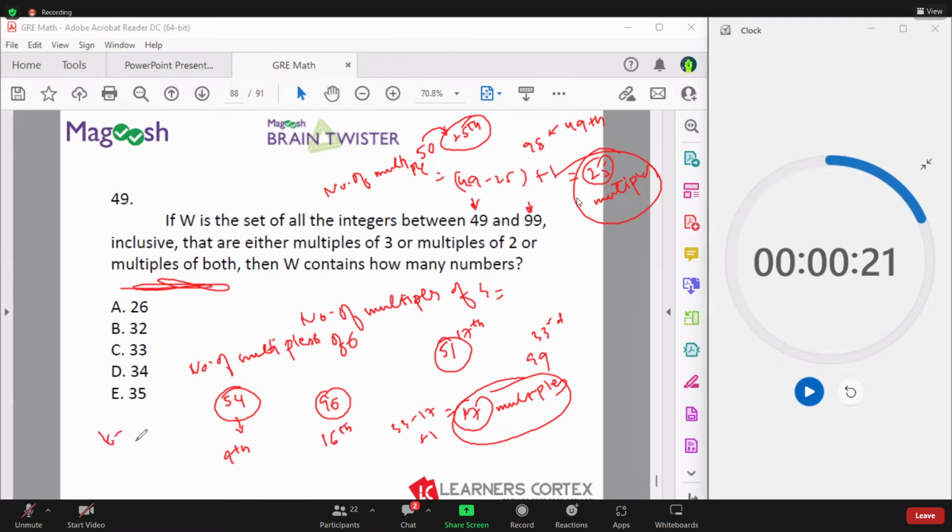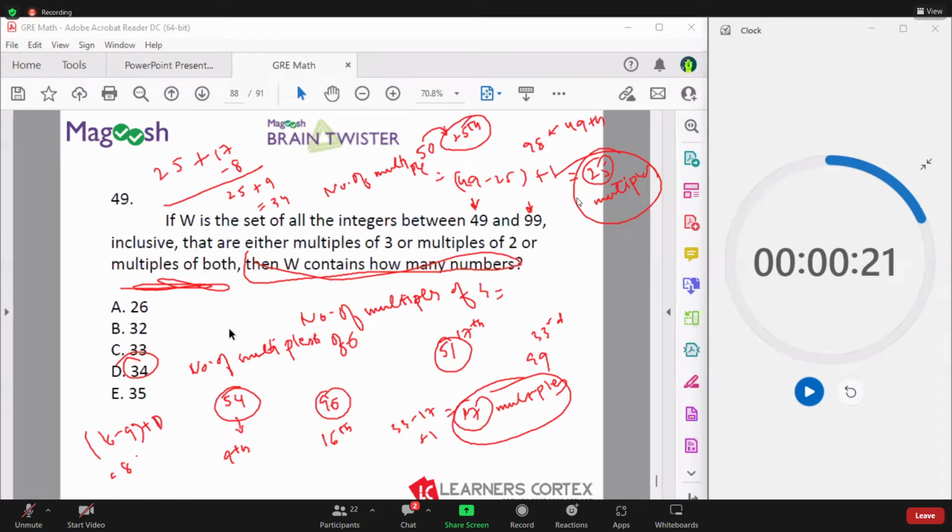So 16 minus 9 plus 1 gives us 8 multiples. So the number of numbers that W contains would be 25 plus 17 minus 8, which would be 25 plus 9, or 34. Anyone who has a problem?